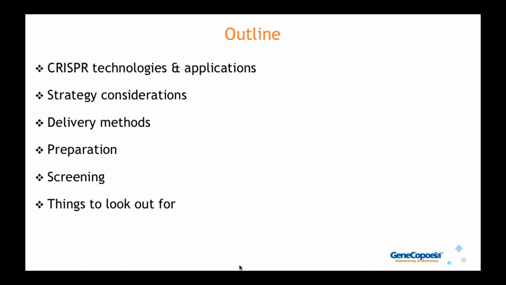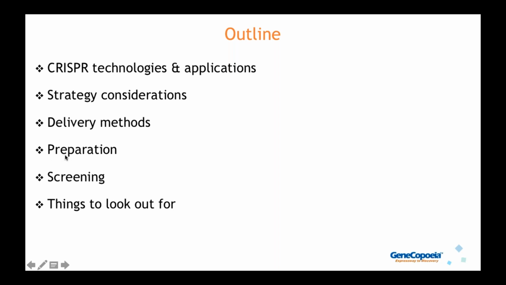So this is the outline. I'm going to give you a brief introduction to CRISPR technologies and applications. Then I'm going to talk about the strategy considerations, things you need to think about before you even design your gene editing experiment. Next, I'm going to talk about delivery methods for the gene editing CRISPR reagents.